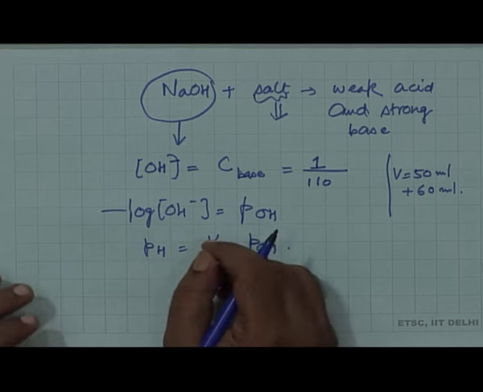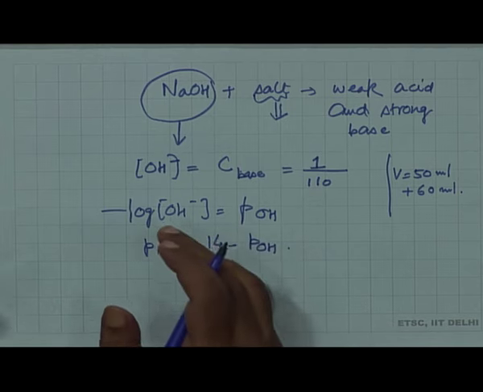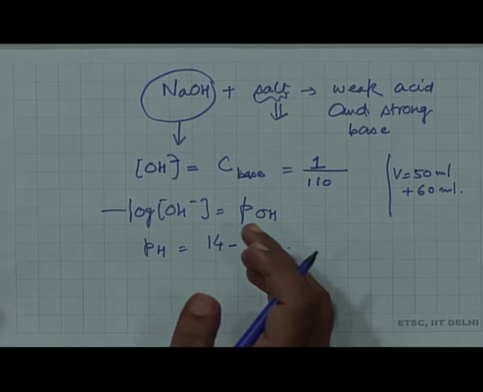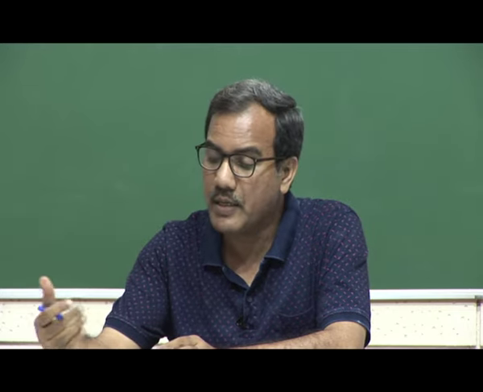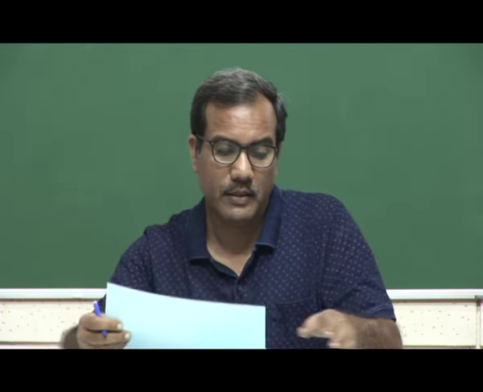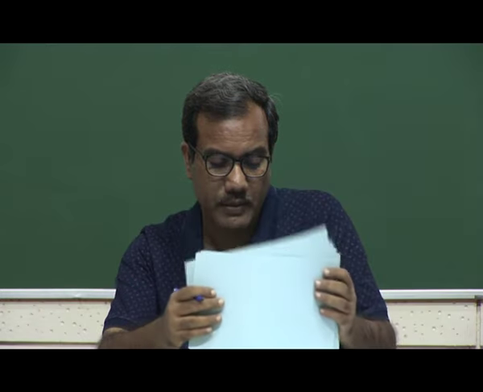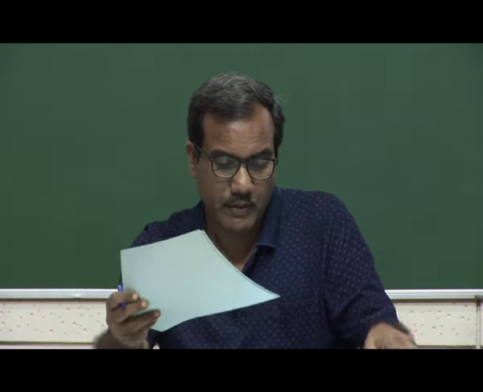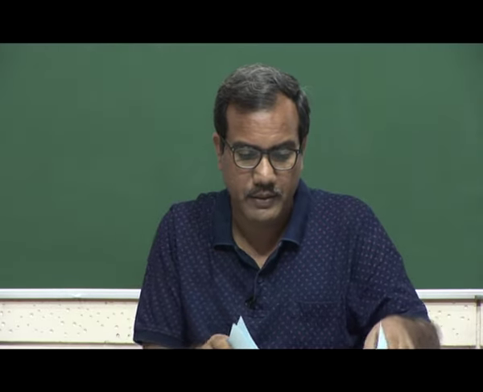So, this is the way we calculate pH when we titrate a weak acid with a strong base. A similar kind of calculation can be done when we titrate a weak base with a strong acid.